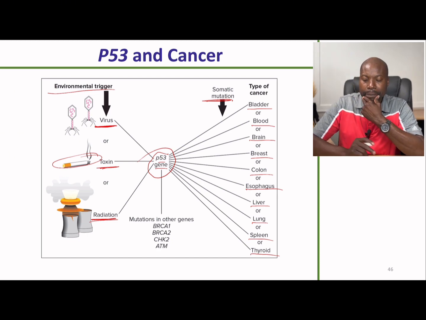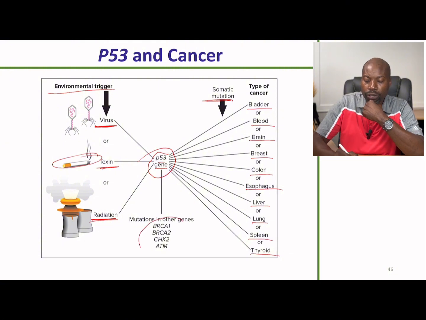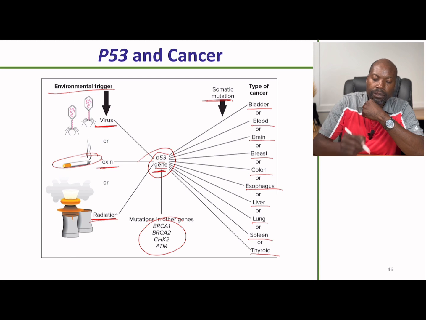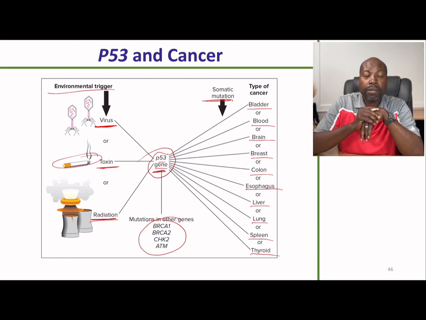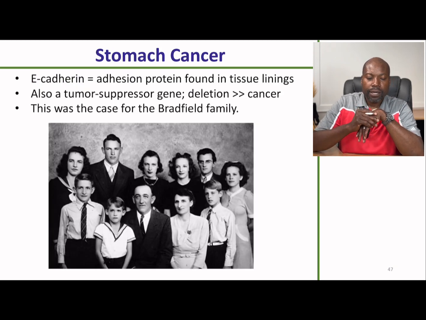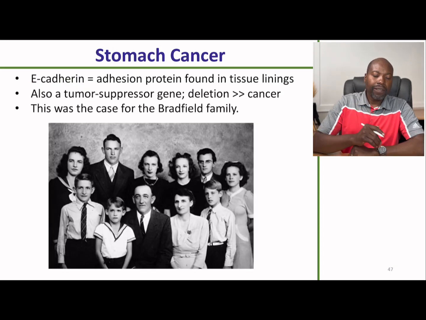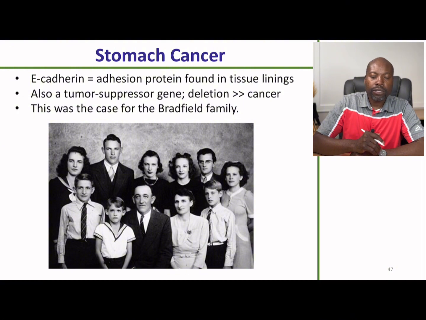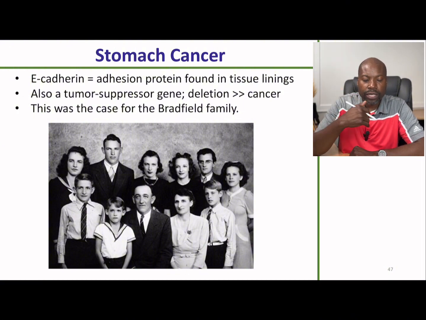So, you can also have some mutations that are going to happen in other genes. Then this is going to trigger some modification in the P53 gene. All right. So here we have the example of this stomach cancer that occurred in one particular family.